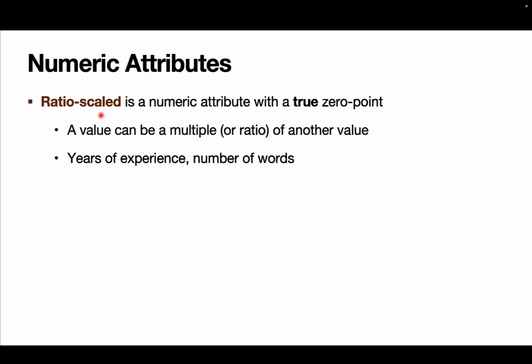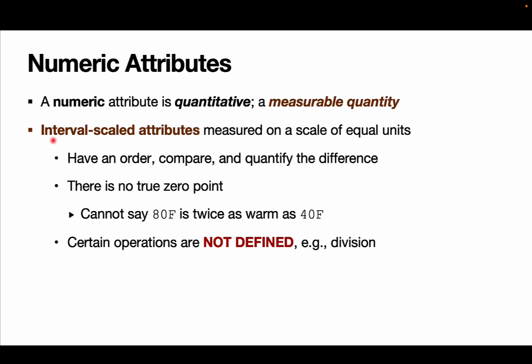What does that mean? In the case of interval scaled attributes, each interval has a specific meaning or interpretation. For example, temperature is an interval scaled attribute because each interval on the scale is going to have its own interpretation.